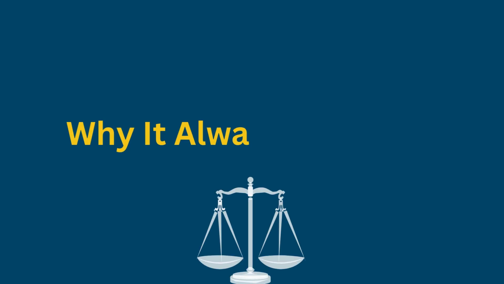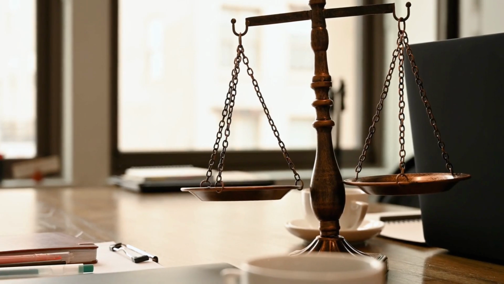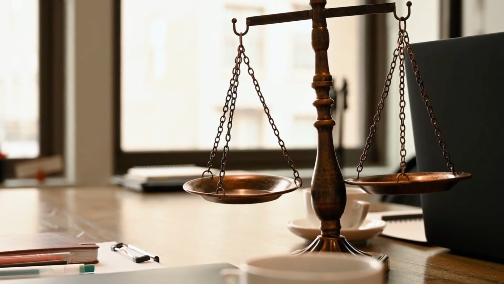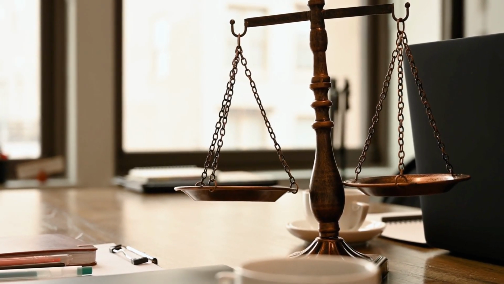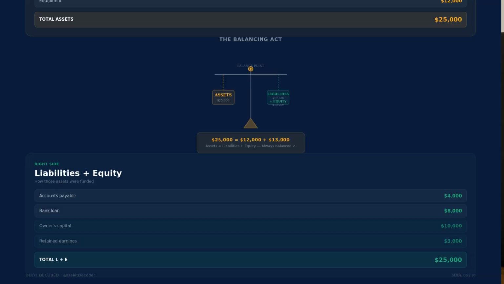Why it always balances. Now here is the part that confuses most people. Why is it called a balance sheet? Because both sides must always be equal. Assets must always equal liabilities plus equity. Always. No exceptions. Here is why. Every asset in the business was funded by someone.